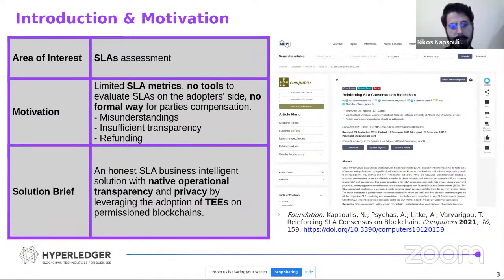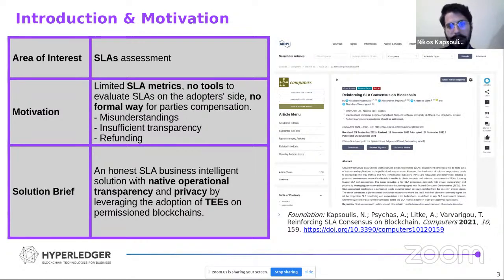So the solution brief is about an ecosystem setup on top of Hyperledger Fabric that utilizes trusted execution environments to bring privacy and transparency, which in the world of blockchain actually have a trade-off. What this means is that more transparency is less privacy, and less privacy is more transparency. This is the way we handle it in the presentation of this solution brief.